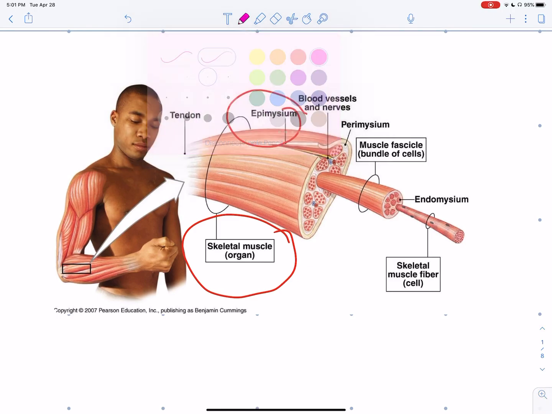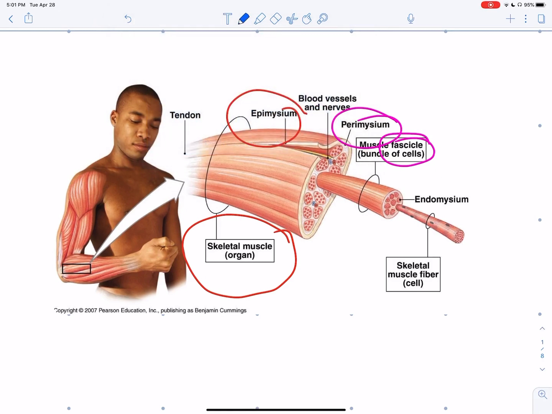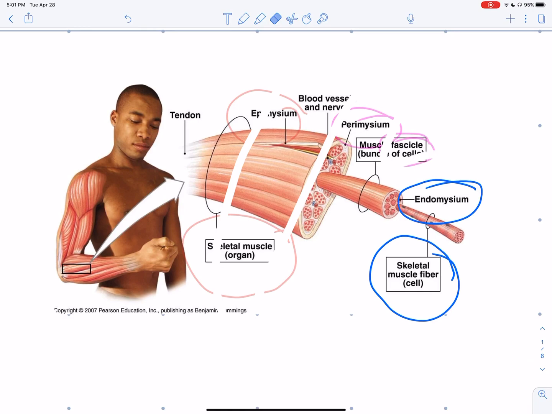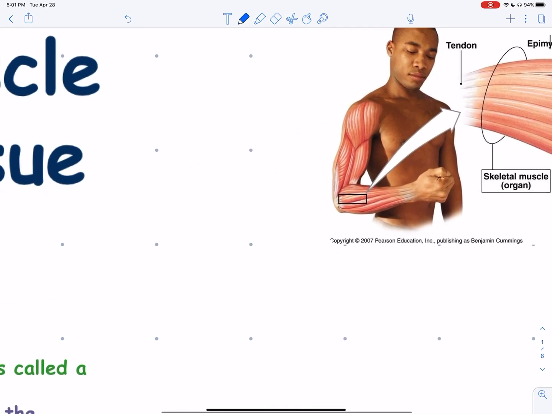Then we can say that the fascicle is covered with the perimysium. And last but not least, we have the muscle fibers covered with something called the endomysium. All right, so those are our different layers. You have 3 structures, they have 3 different names, they have 3 different coverings.